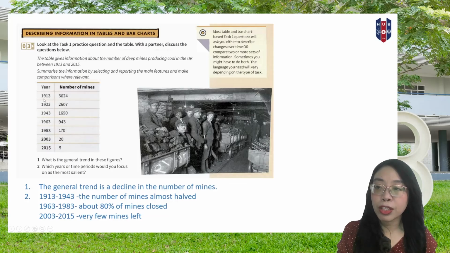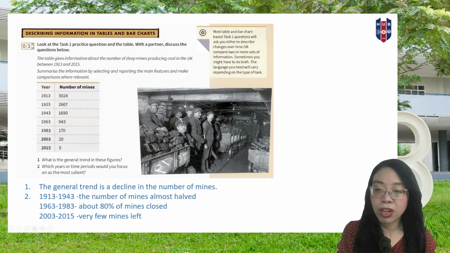The first one is from 1913 to 1943. In 1913, there were about 3,024 mines, but then the number declined to only around 1,690, right?